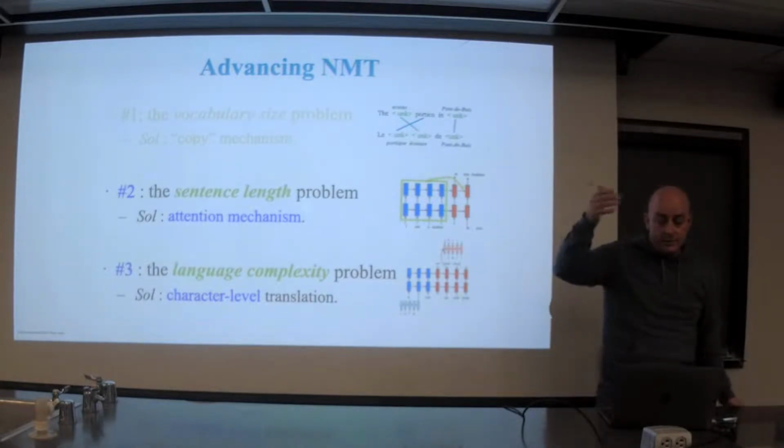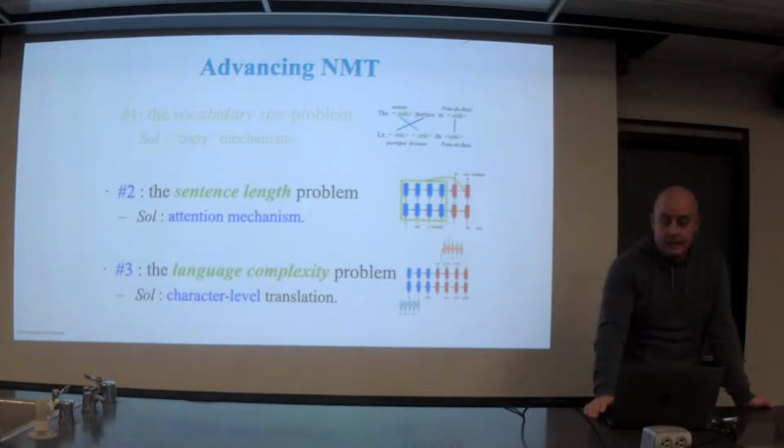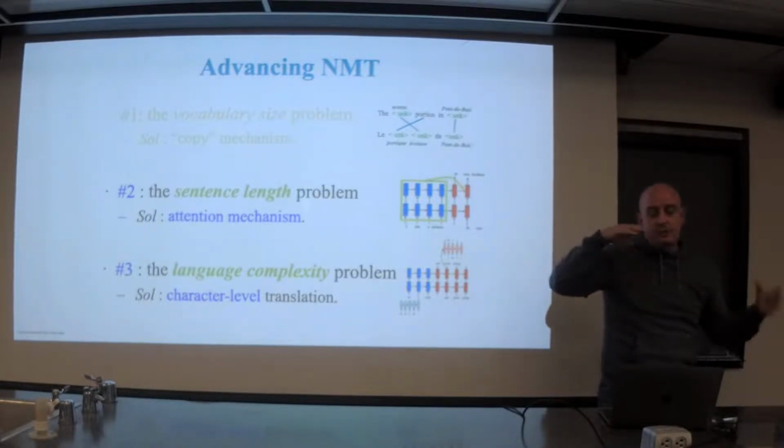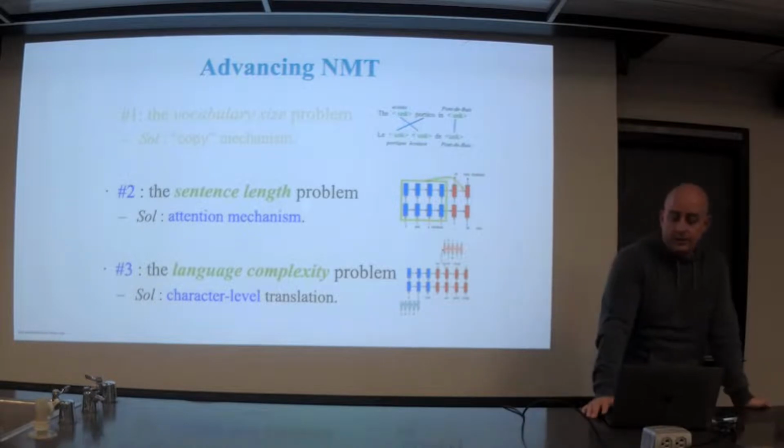Okay, so now sentence length. How do we deal with this? In some sense, it was dealt with by the copy mechanism because we had a smaller vocabulary to deal with.